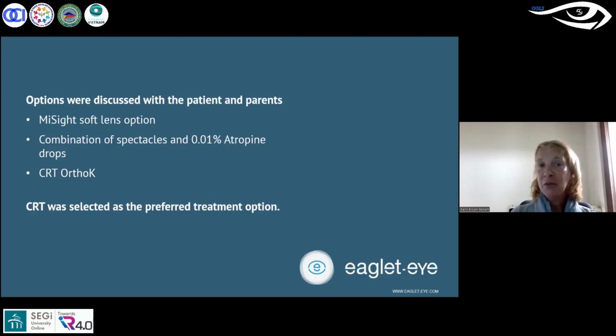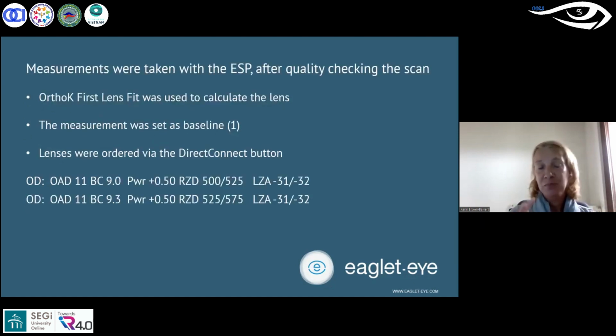So the measurements were taken with the ESP, and again, good scan. For ortho-K, probably even more important to get your centration and your focus right, because we are just measuring that part of the cornea. So ortho-K first lens fit was used to calculate the lens. We would then set that measurement as baseline, which means that when the patient comes back for their follow-up, you can compare the maps.